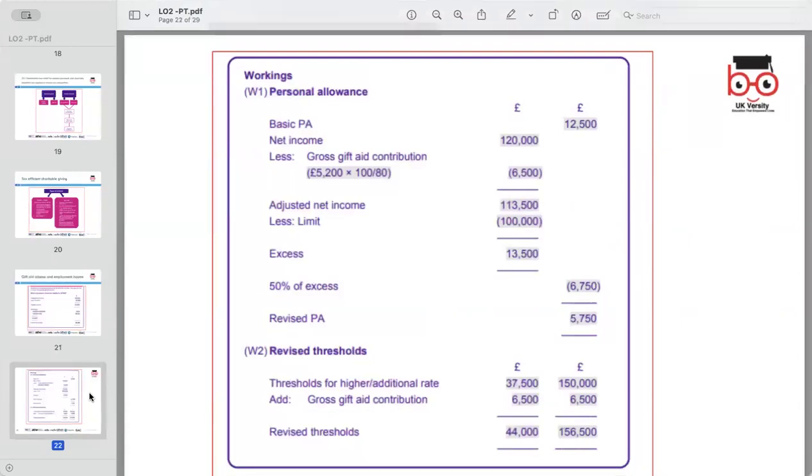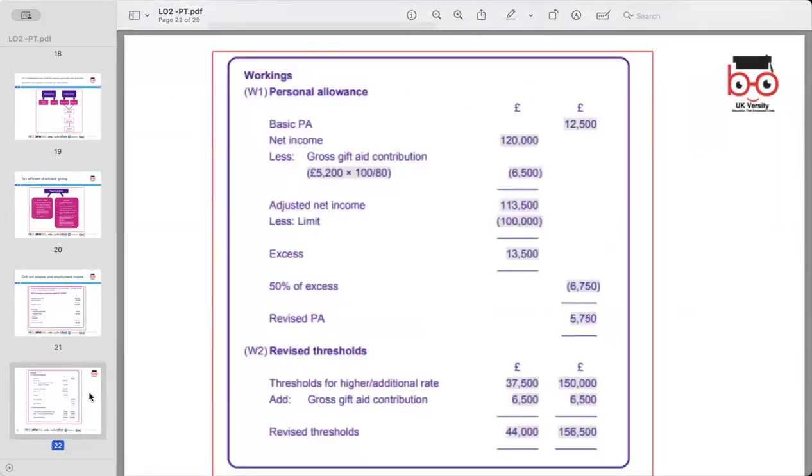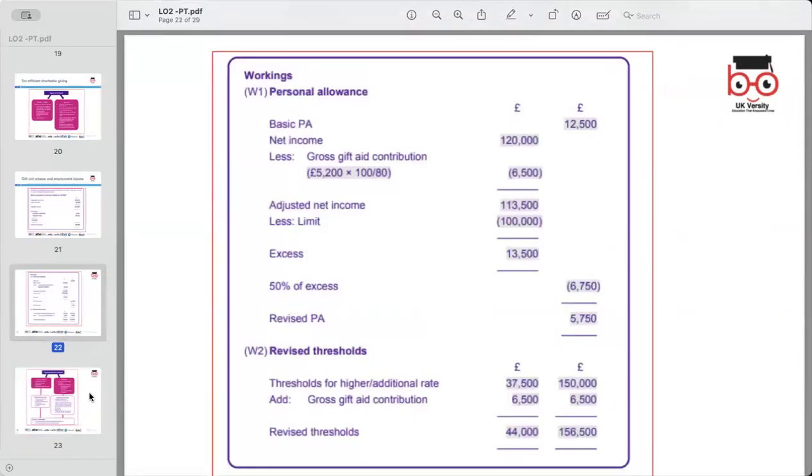So for the personal allowance, here you can see the personal allowance is 12,500 pounds less the gross gift aid contribution. Net income is 120,000 pounds.